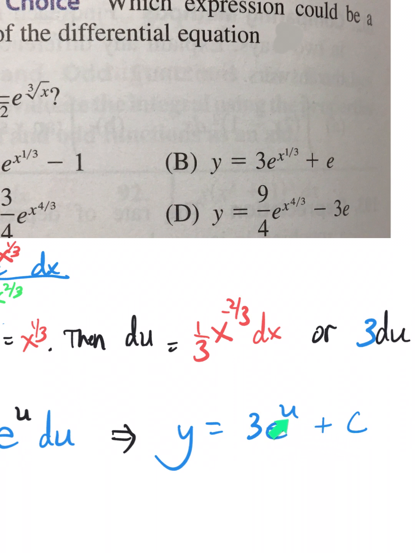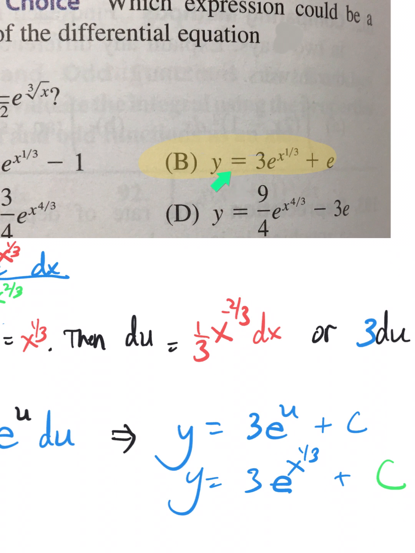And u is x to the 1/3. So we've got our answer. Y is equal to 3e raised to the x to the 1/3 power plus any old constant. And that matches choice B.